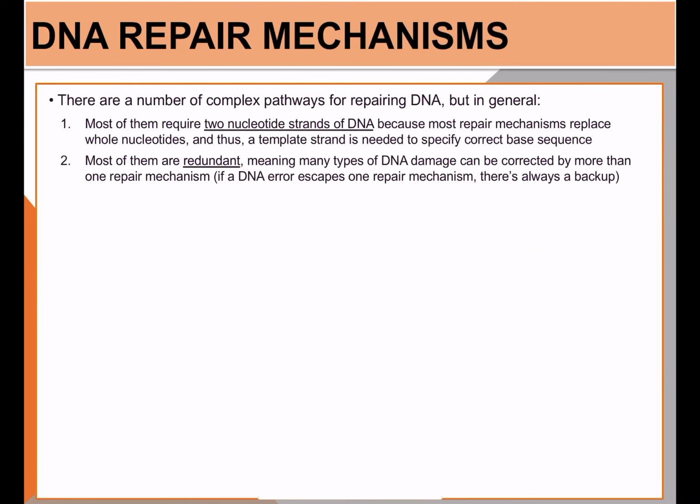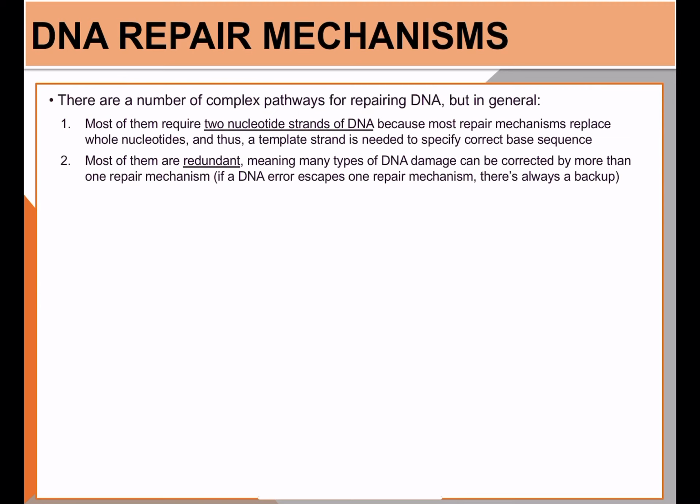And hence, the last topic we'll cover for this chapter is the different types of DNA repair mechanisms we can have. There are actually a number of complex pathways for repairing DNA, but in general, they have two general qualities.